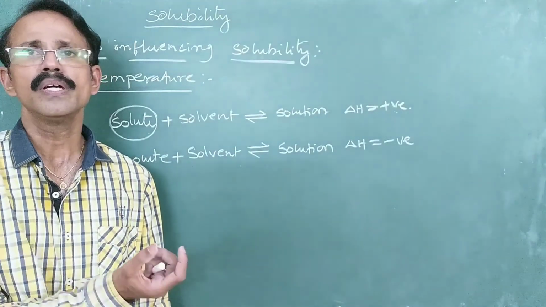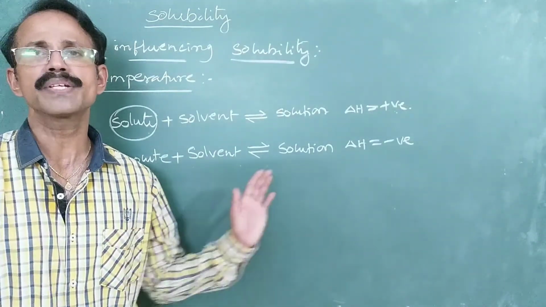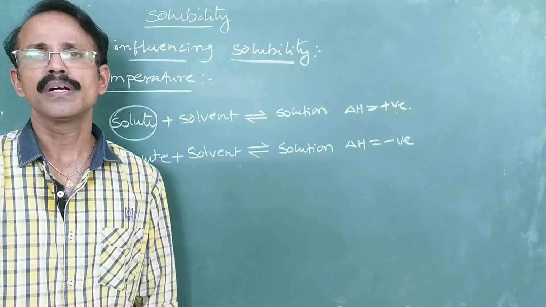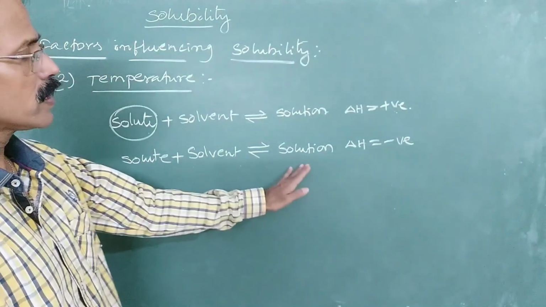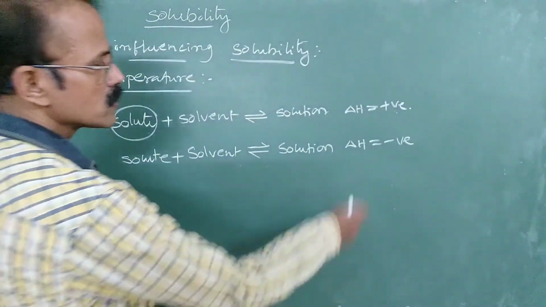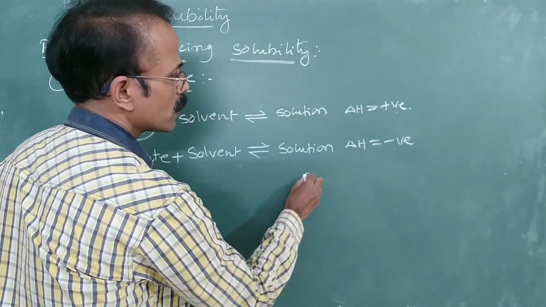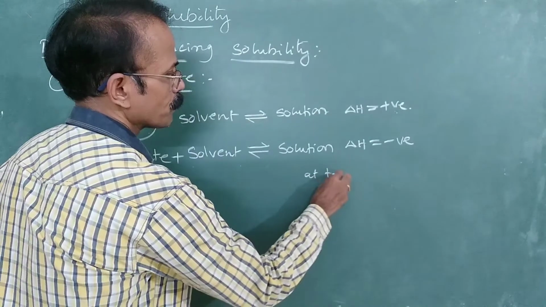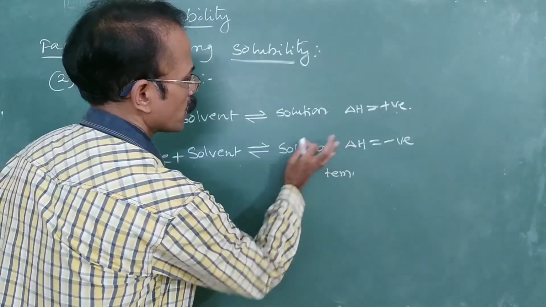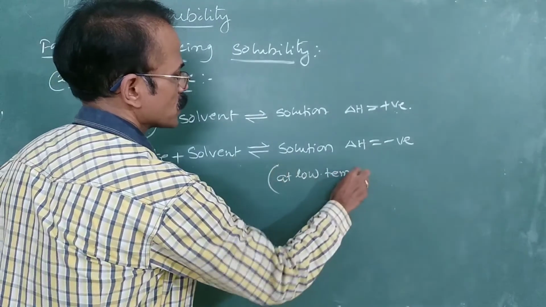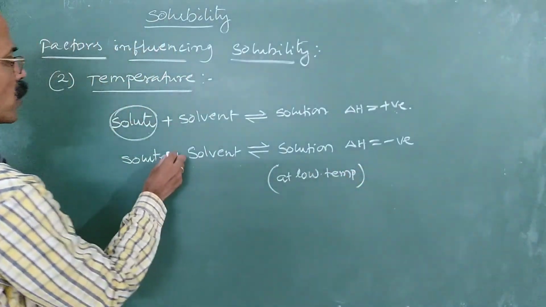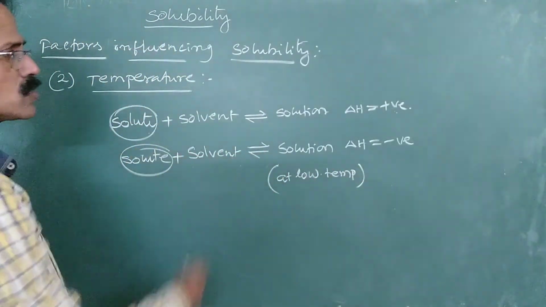If you decrease the temperature, then the reaction takes place in the direction of release of heat. That is the forward direction. So this reaction is favored at low temperature, or more amount of solute enters into the solution.